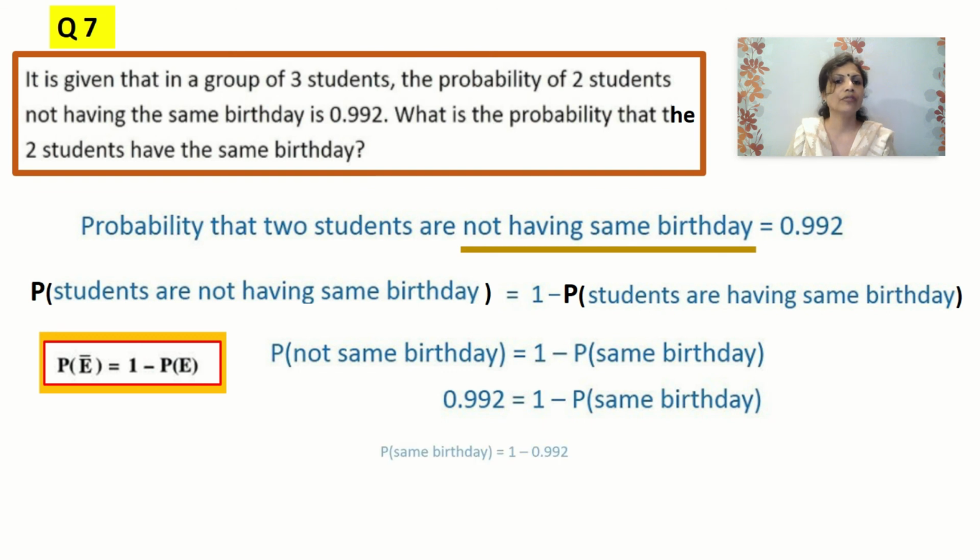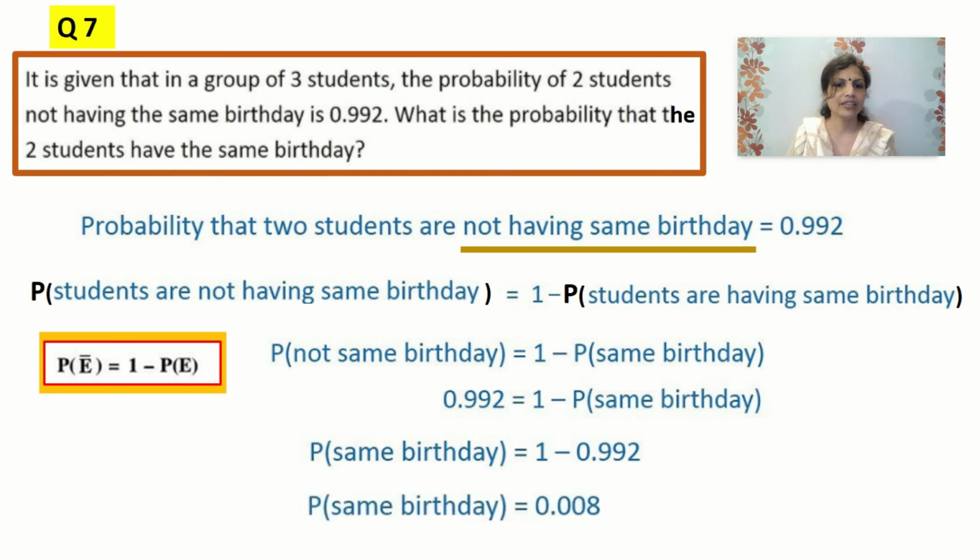The probability of the students having the same birthday is equal to 1 minus 0.992, and the answer is 0.008. Alright, so the probability of the two students having the same birthday is equal to 0.008.